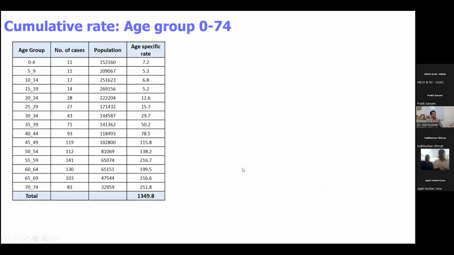So how to calculate cumulative rate? You are aware of the age group, number of cases and age specific rate. What is cumulative rate? 5 into the summation of age specific rate. So 5 is because of the age group 0 to 4: 0, 1, 2, 3 and 4.